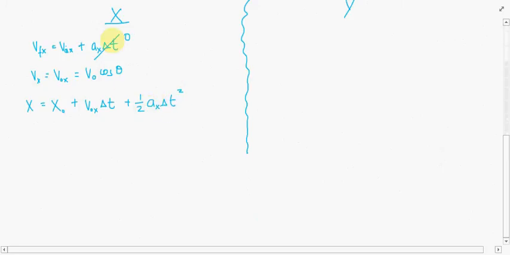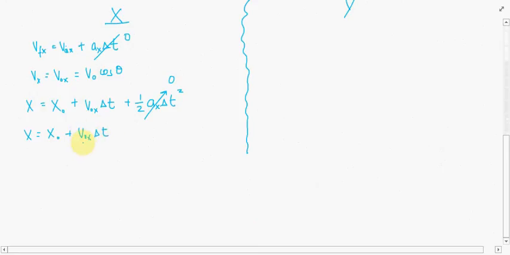Okay, so we've already agreed that acceleration in the x direction is going to be 0, so all of this goes to 0 again as well. So it says that the final position is equal to the initial position plus v sub naught x delta t.